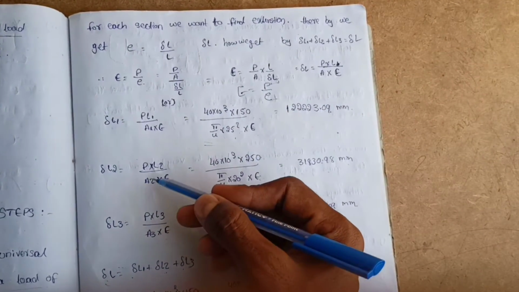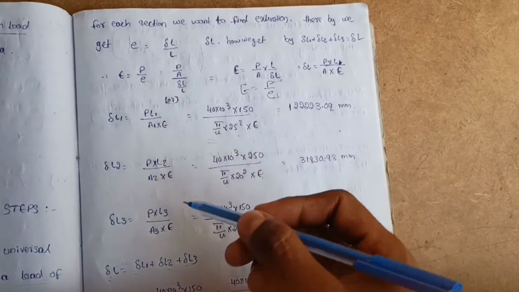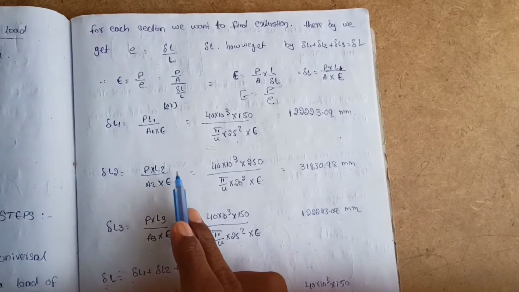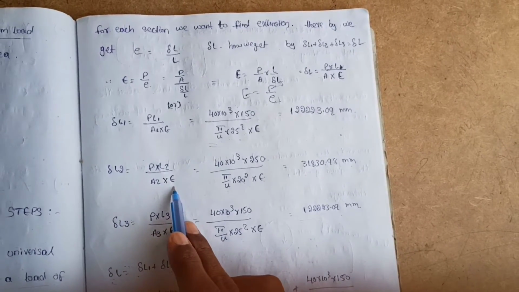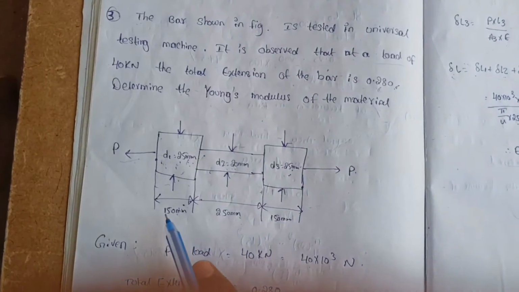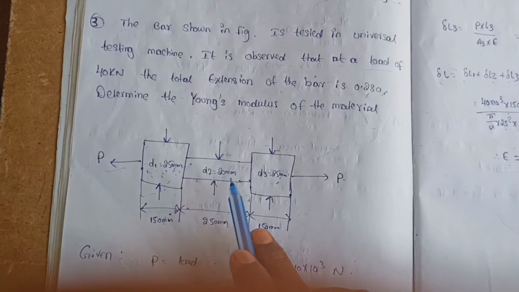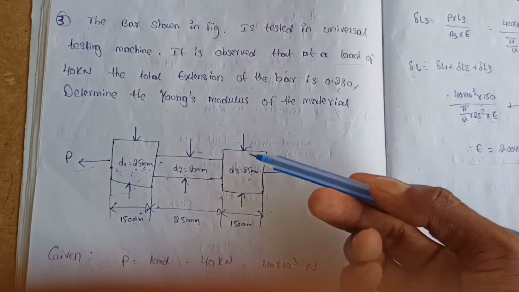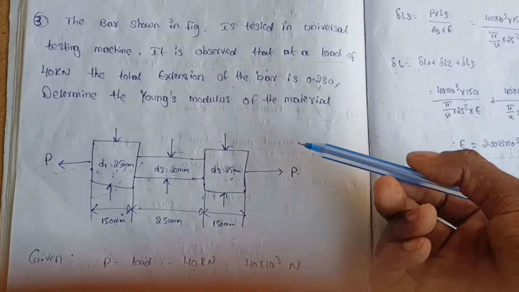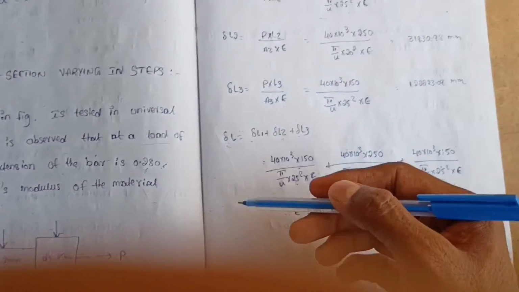Delta L2 is also the same as delta L1 and delta L3: P into L2 by A2 into E. We have different lengths and different diameters, and the diameters are used for making the area, pi by 4 into d square.